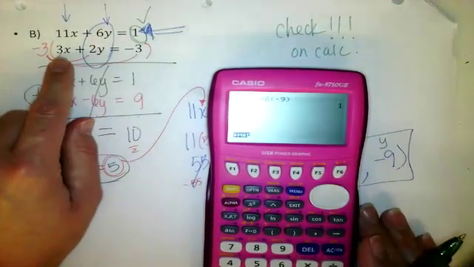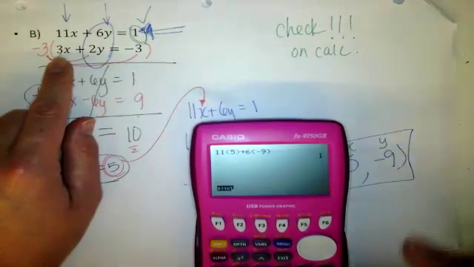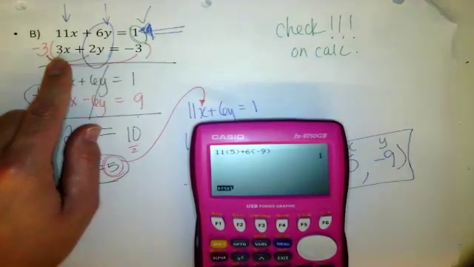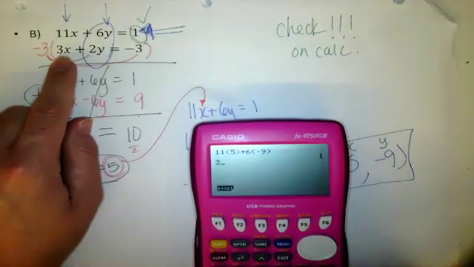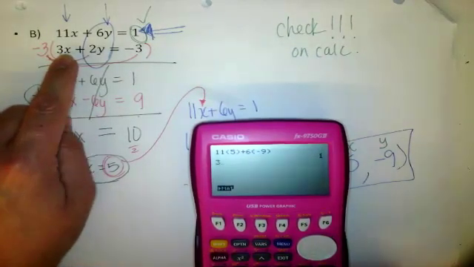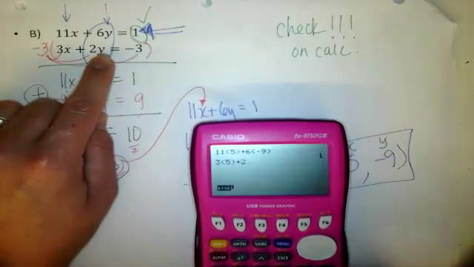Now, it's not enough to just check one equation. I guarantee you I'm going to make a solution that does work in the first equation, but not the second, okay? So you need to check the second as well. 3, and 5 for x, plus 2, and negative 9 for y.